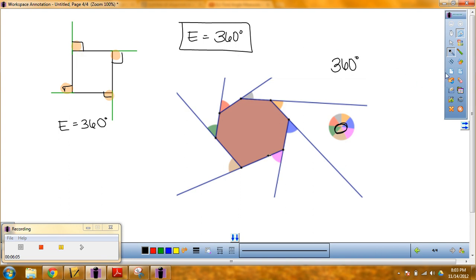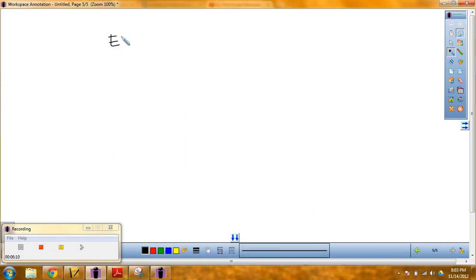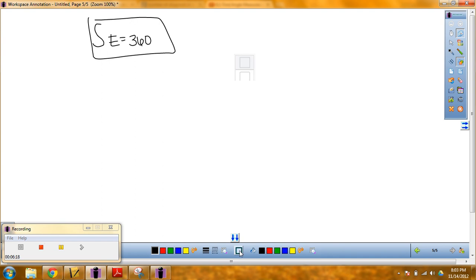Well, if we know that the sum is always going to be 360, there's our sum. The sum of our exterior angles is 360. Here's our regular shape.